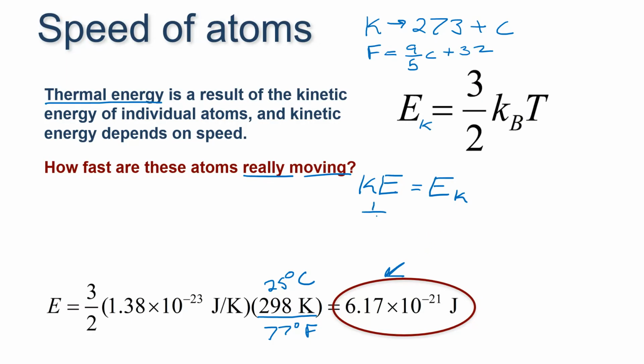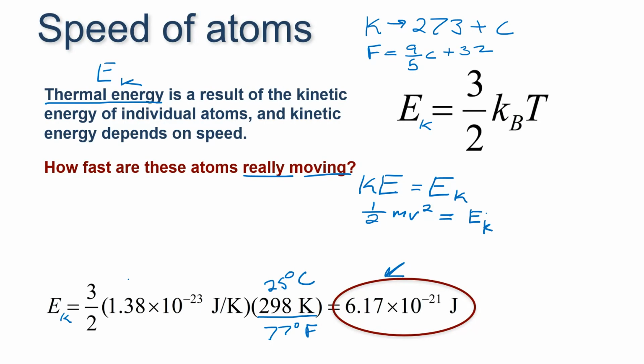So this is 1/2 times the mass, you should be writing this down, times the velocity squared. And then that's equal to this kinetic or average kinetic energy or thermal energy, right? So this is EK, and we'll call this EK.